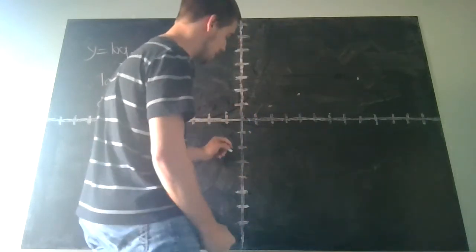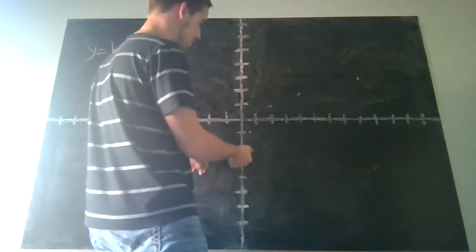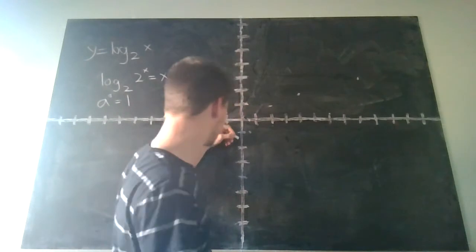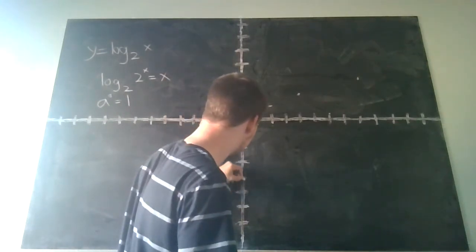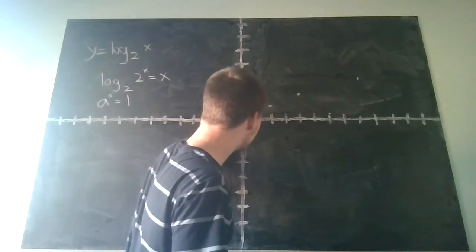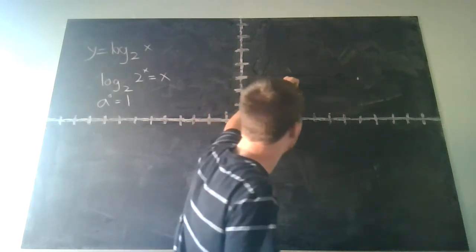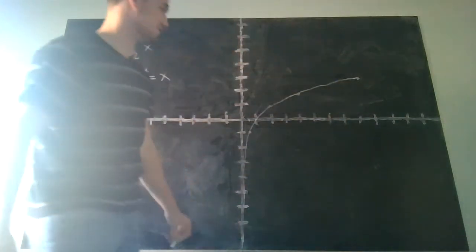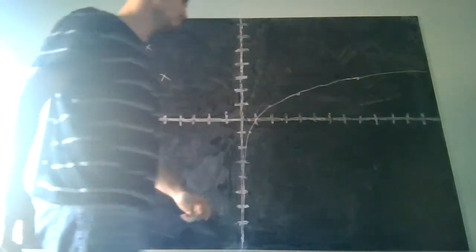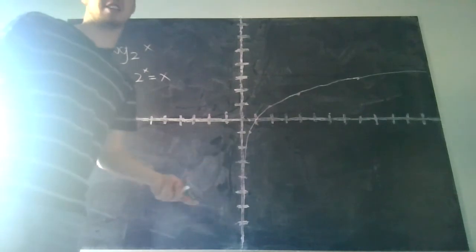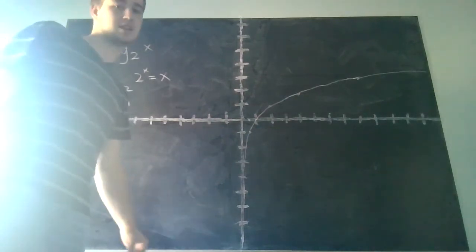And it's going to look a lot like the exponential function we did earlier, but instead, it's going to be getting closer and closer to x equals 0 as the y value tends towards minus infinity. And this, of course, can go on forever, but at a much slower rate than the exponential function increases.